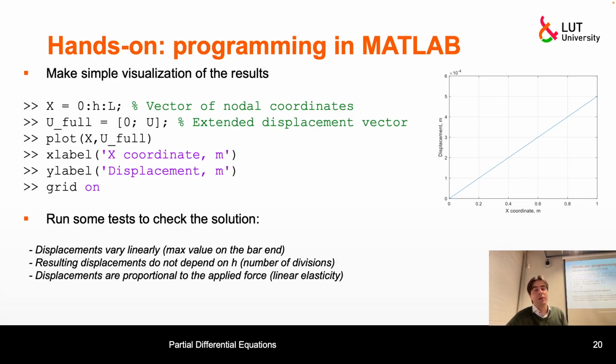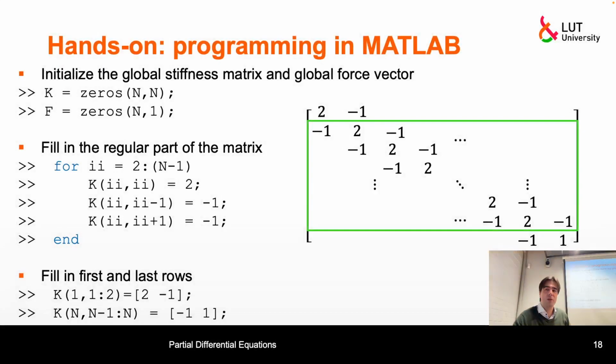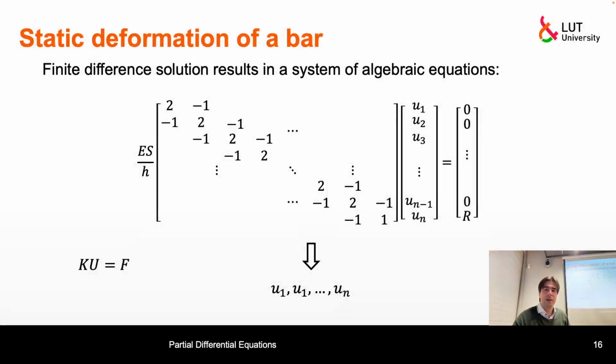Probably the simplest way to visualize how displacements change along the line of our bar. And in order to do that, I will need to add this zero displacement to our vector, because I want to have on my plot also zero displacement at the left end. And if you remember, we did not include it in here.